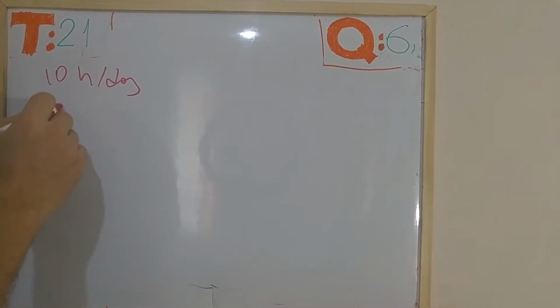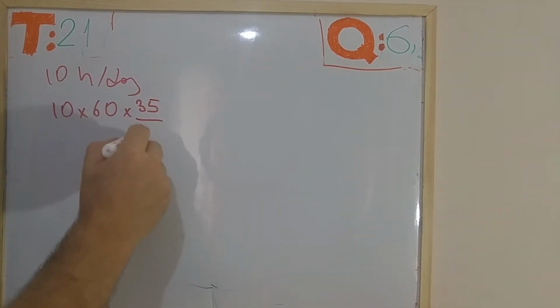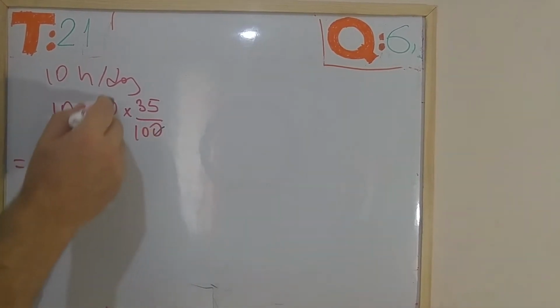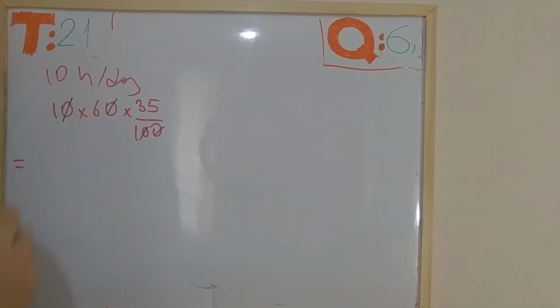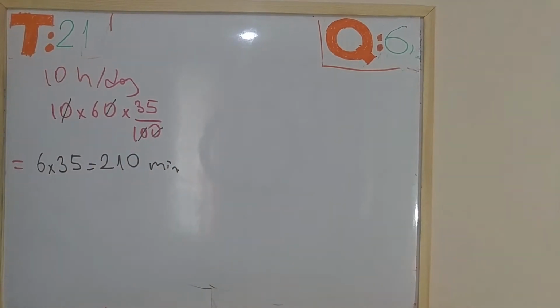He works 10 hours per day, and there are 60 minutes per hour, and he works 35% of this time, which is going to be equal to simplification. What you have is 6 times 35, which is 210 minutes. So this means that if he worked 35% of his workday, he would work for 210 minutes daily.